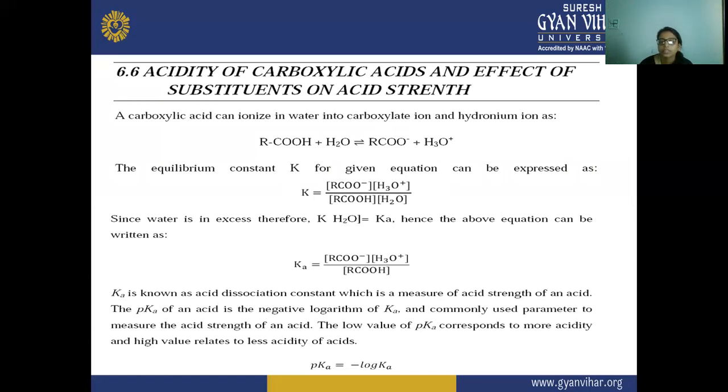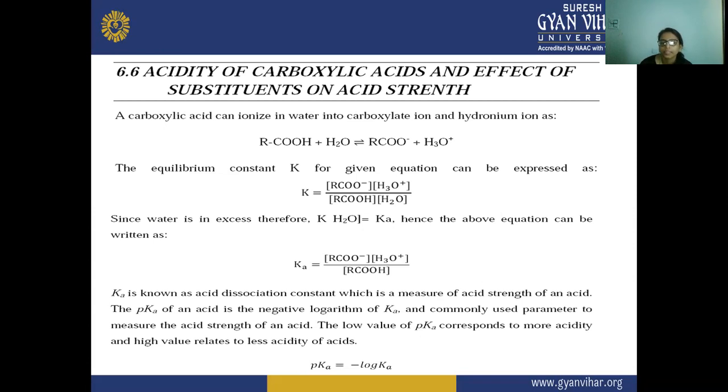This is the carboxylate ion, and this is the hydronium ion, and the equilibrium constant K of a given equation can be expressed as K equals to RCOO negative, the carboxylate ion, and hydronium ion upon carboxylic acid and water molecule.